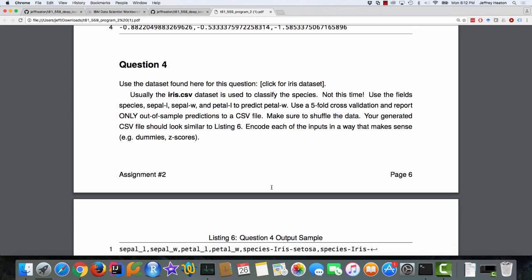And here, the last two I make you do will be very similar. These will be very much copy and paste, but not completely. So normally the iris data set you classify, but I make it a regression problem. You have 4 measurements for the irises. You use 3 of them and the species to predict the 4th.